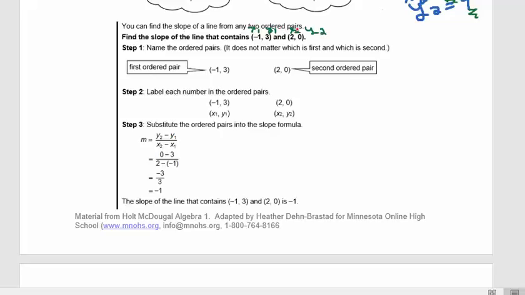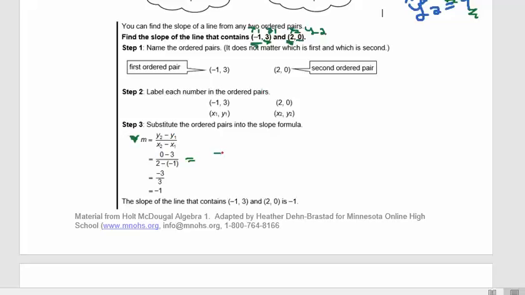So then they replaced in the formula, m equals y sub 2 minus y sub 1 over x sub 2 minus x sub 1, those variables with their values. So y sub 2, that's 0, so they put a 0 here, minus 3, because 3 was y sub 1. So on the top you have 0 minus 3. On the bottom you'd have 2 minus -1. And then they simplified.